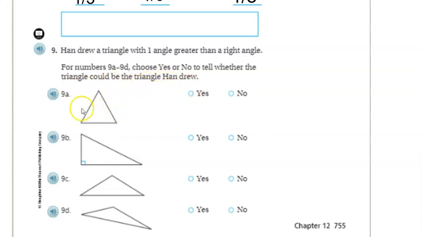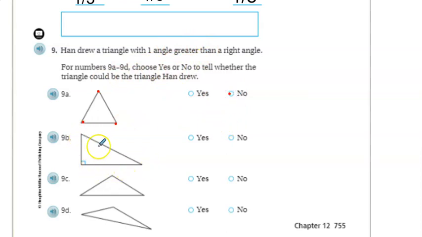If you look at this isosceles triangle, every single angle is not greater than a right angle. So that would be no.